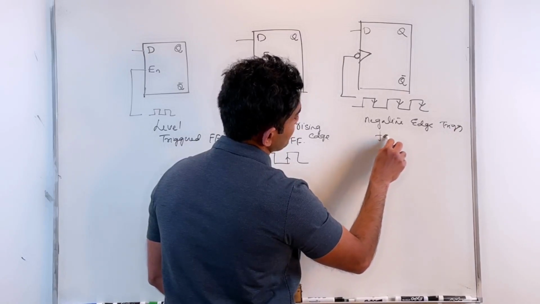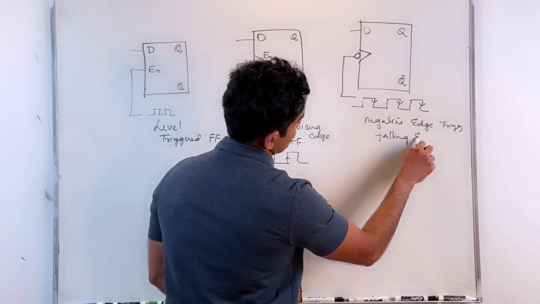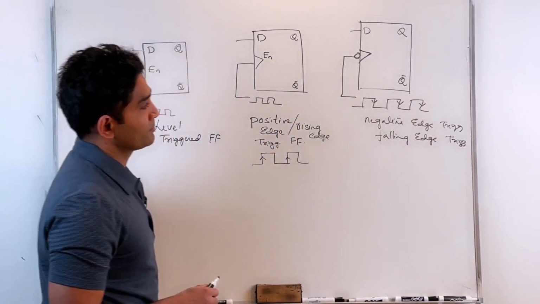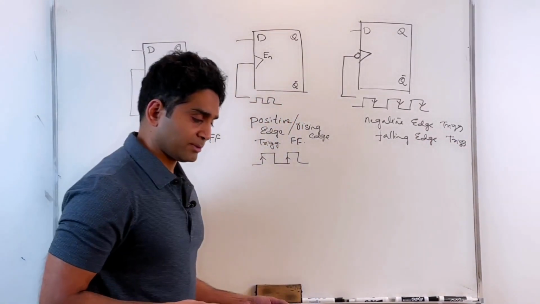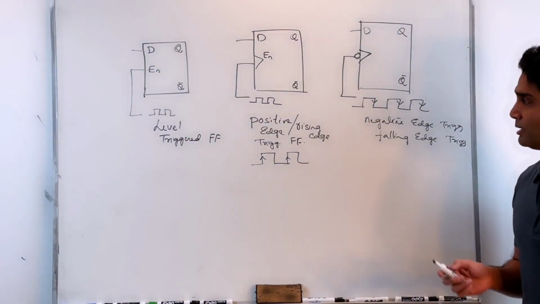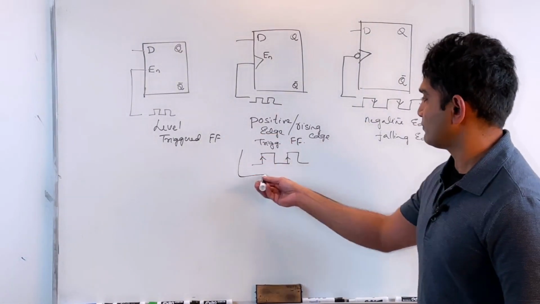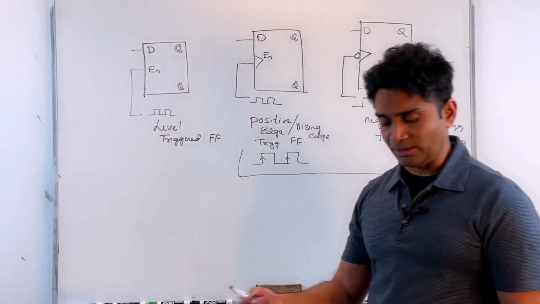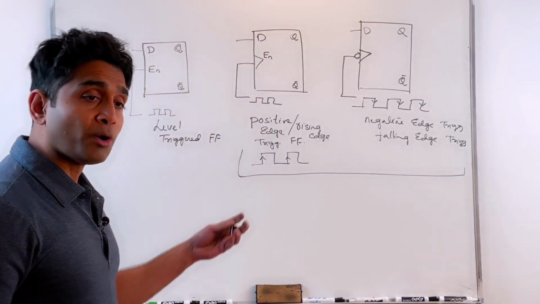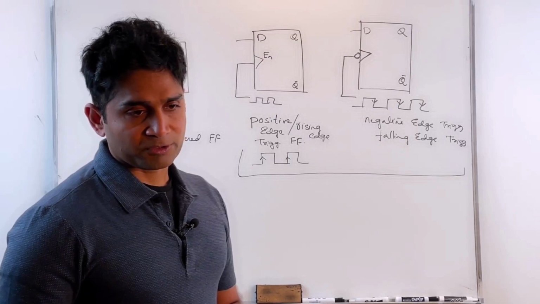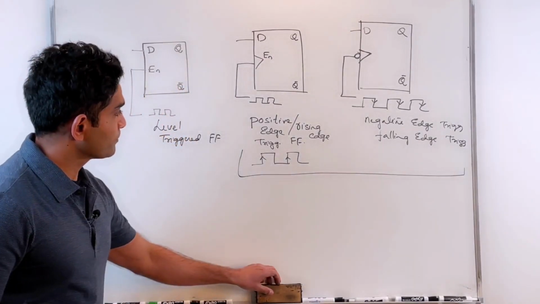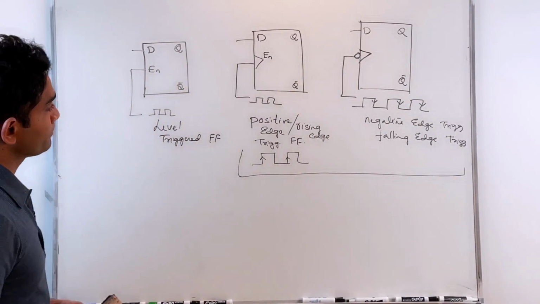Or falling edge triggered flip-flop. Both are synonymous. Okay. So these are the different types, and from now on, unless otherwise specified, we'll be working with edge triggered flip-flops for obvious reasons. We have already discussed why we should be going for an edge triggered flip-flop in the first place. Triggering happens only once per clock cycle, on a single edge.